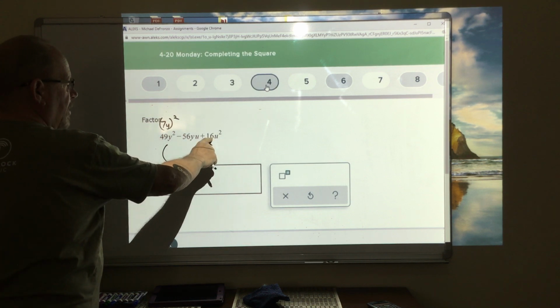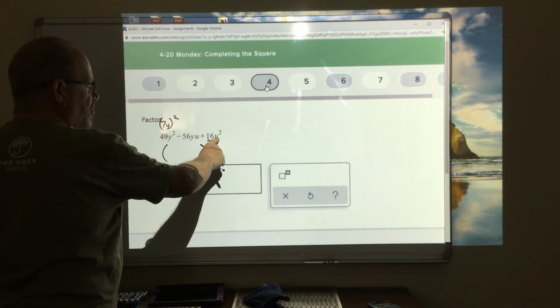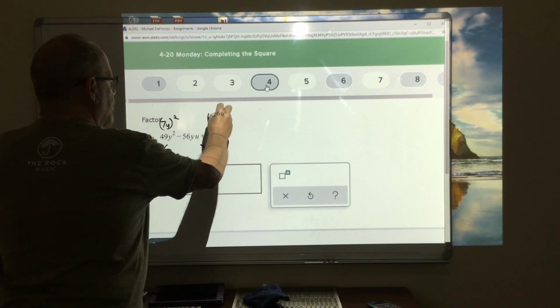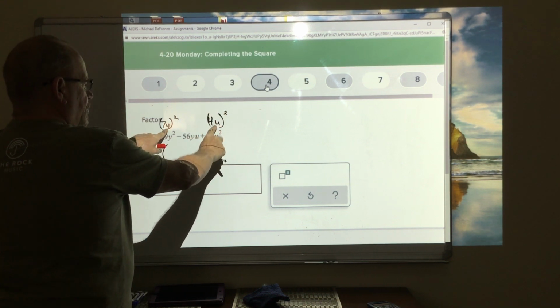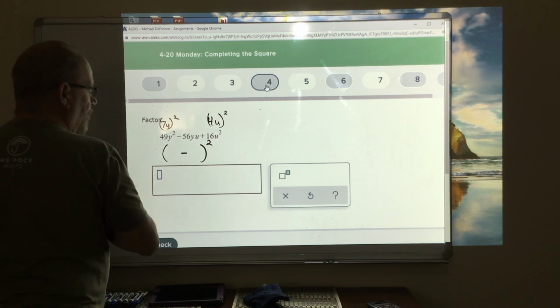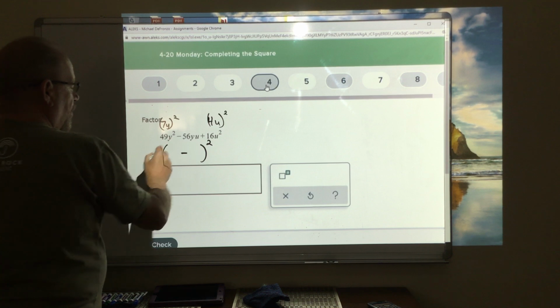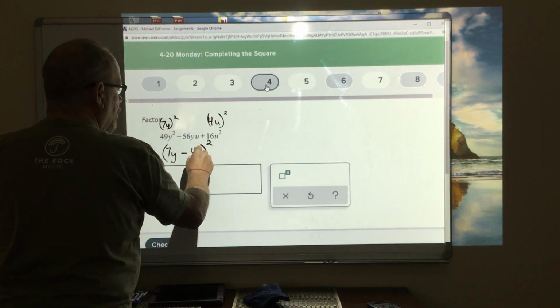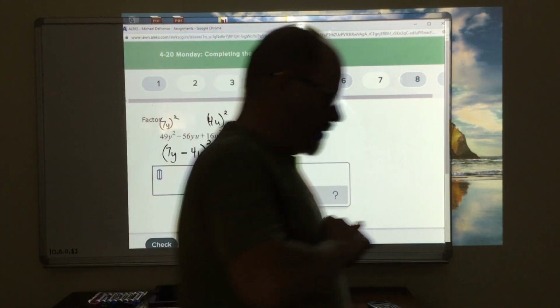What is being squared to give you 16u squared? 4u. There's your A and there's your B. This is a minus, so this is a minus. 7y minus 4u squared.